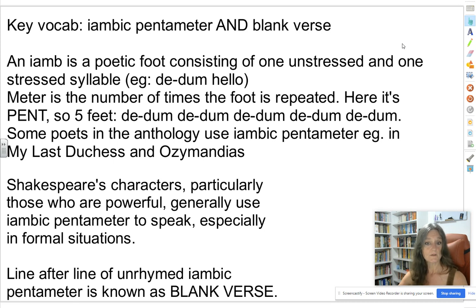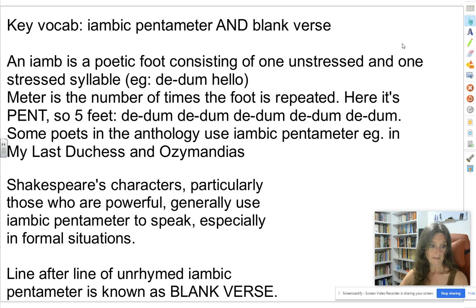So they both use the iambic pentameter in their poems. It's a really, really well used rhythm in poetry, and also in what's known as Renaissance drama. So it wasn't just Shakespeare who was writing in this verse.